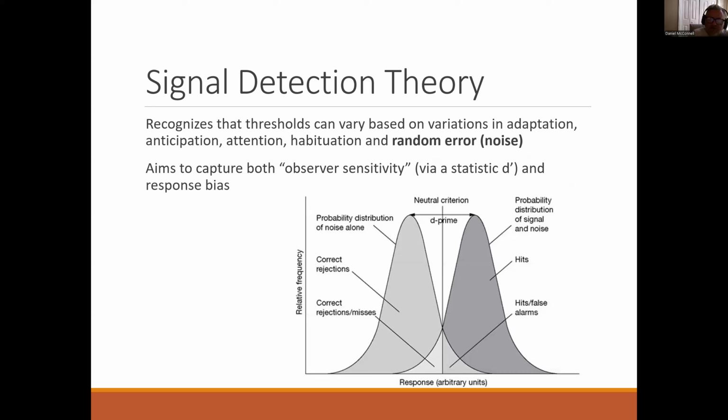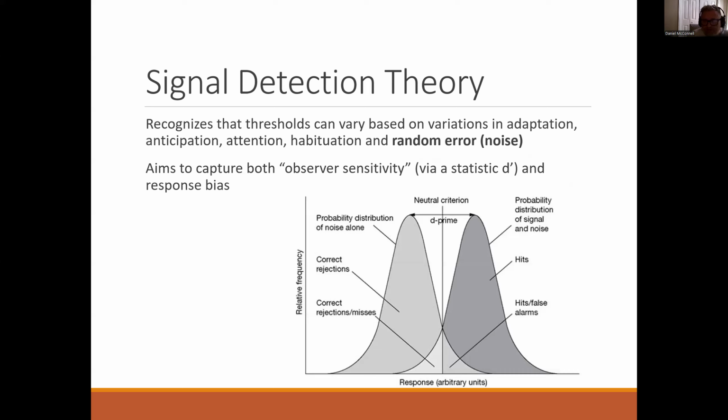So if a person has some sort of bias to say yes more often, then that vertical line for the neutral criterion is going to drift to the right, because the right-hand side of this axis represents a tendency to say yes versus no. And if we shift the criterion further to the right, the person is going to say yes more and more often.